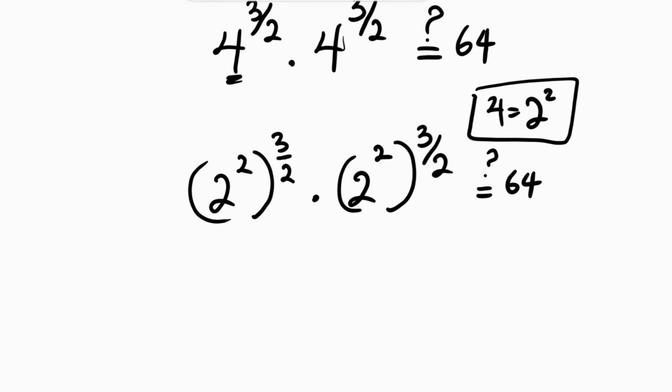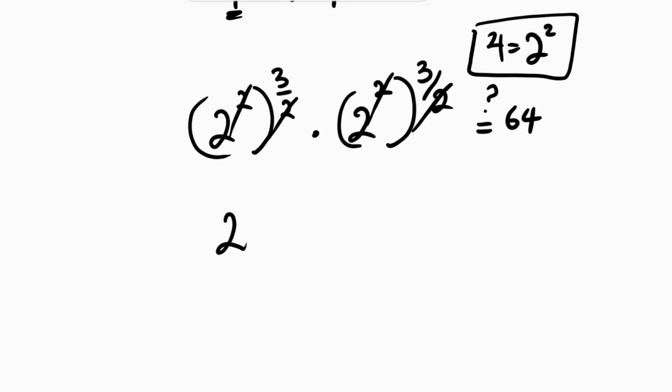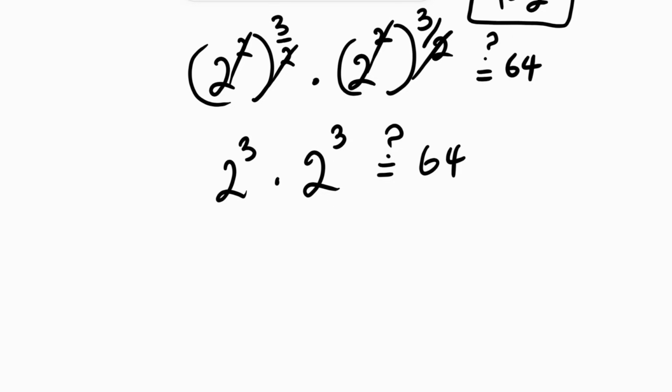So from here, 2 cancels 2, 2 cancels 2. Now we have 2 raised to the power 3 times 2 raised to the power 3. Let's see if it's going to be equal to 64. 2 raised to the power 3 is 2 times 2 times 2, which is equal to 8.